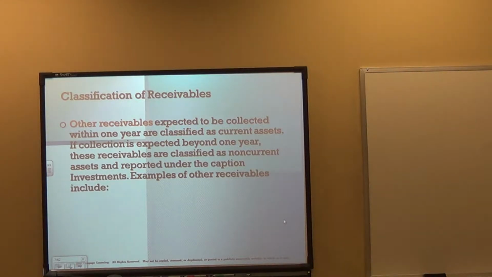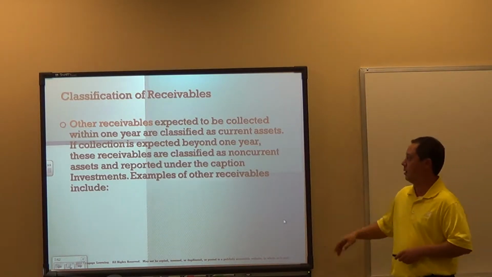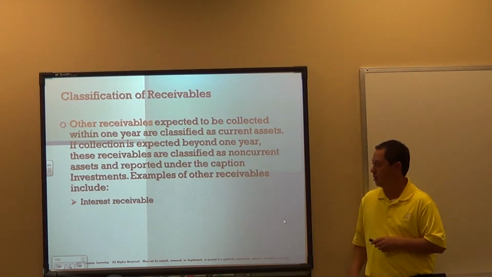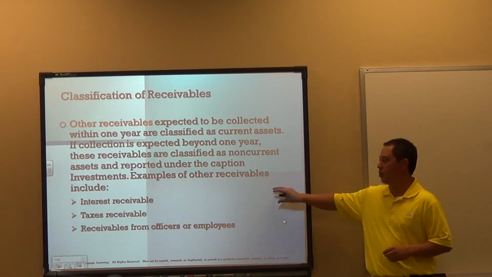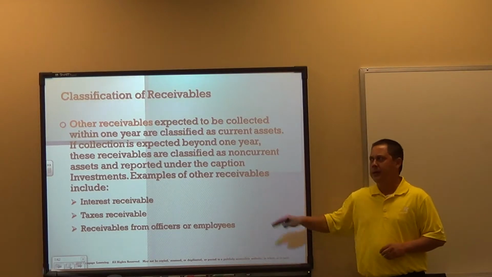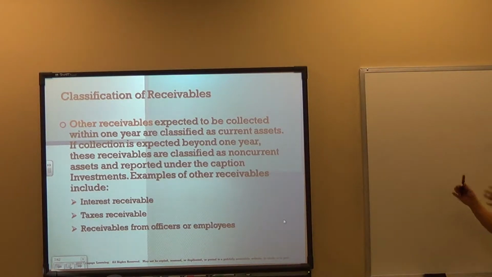The non-current is outside of that. Examples of these receivables are interest receivable, tax receivable, and receivables from officers or employees. We'll talk briefly about these, but we won't go into a lot of detail because a lot of times you won't see them much out there, but you'll see some of this sometimes.